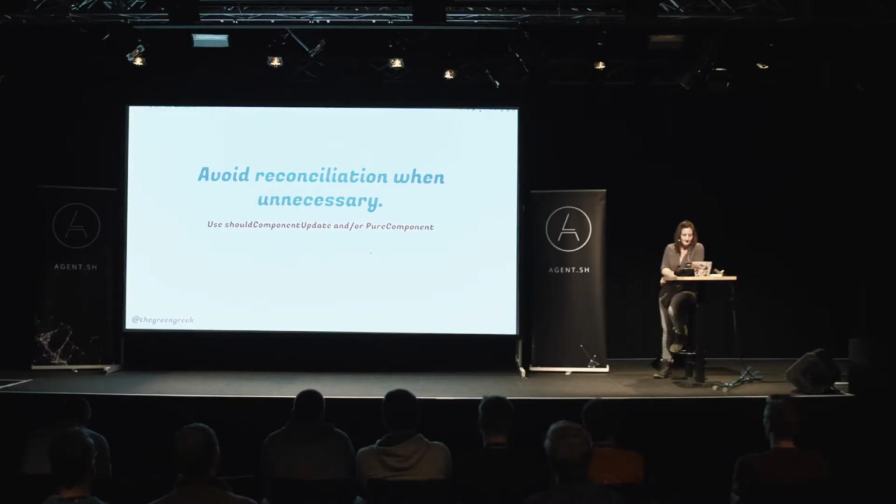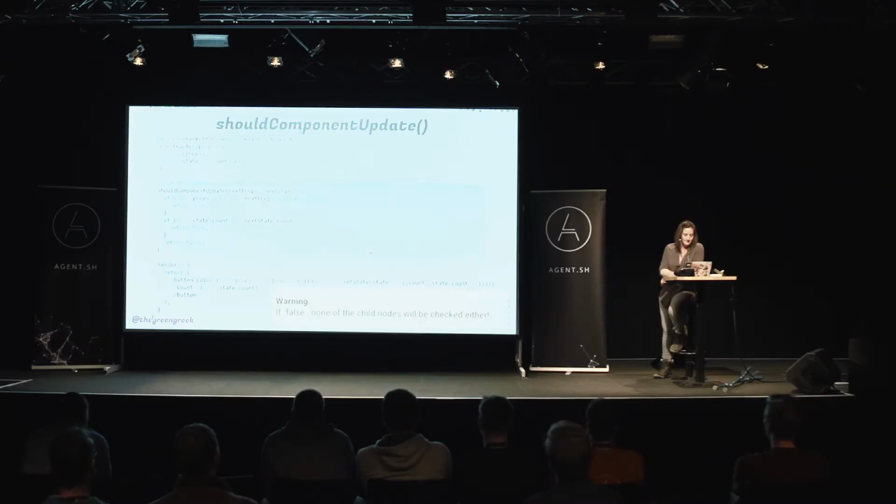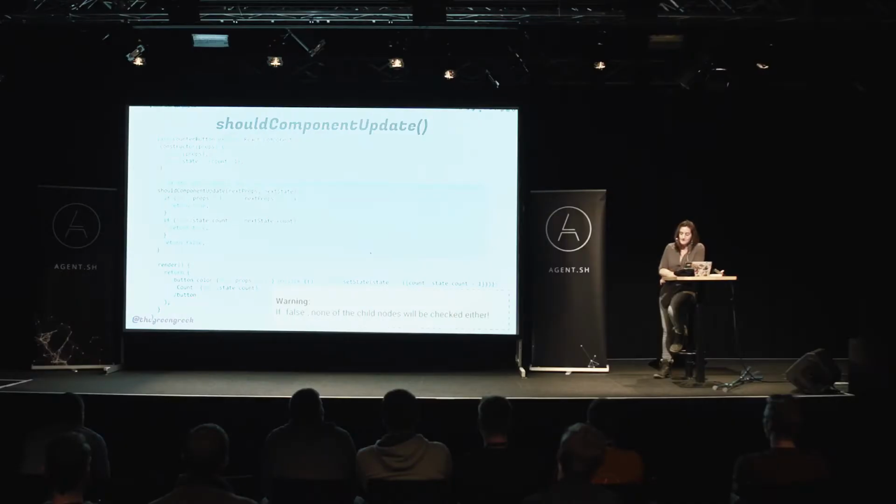So we can basically just hijack reconciliation. The lifecycle method shouldComponentUpdate will override the reconciliation process before it starts. If you have a custom function that you want to check, you can do it there. By default, it returns true. But if you define it, you can return false if you don't want it to update.